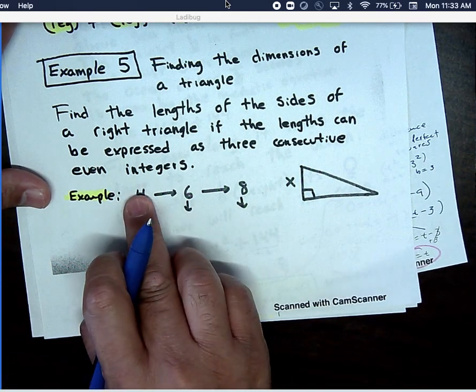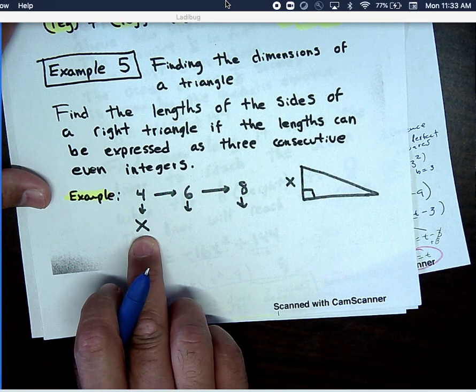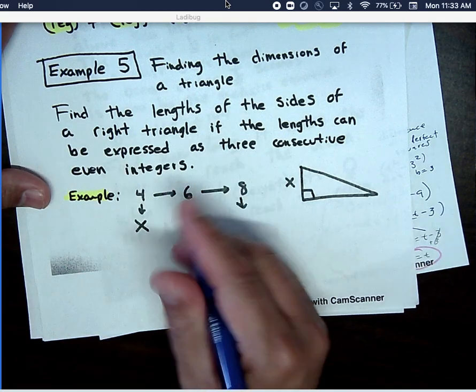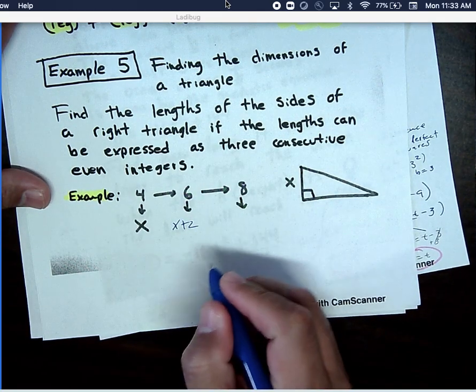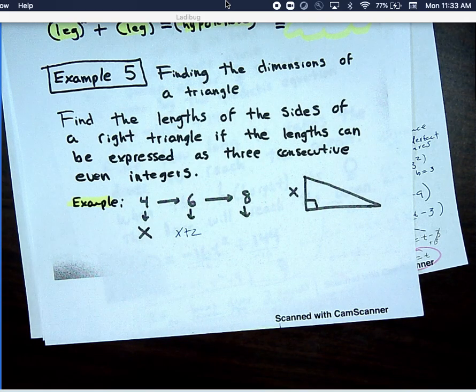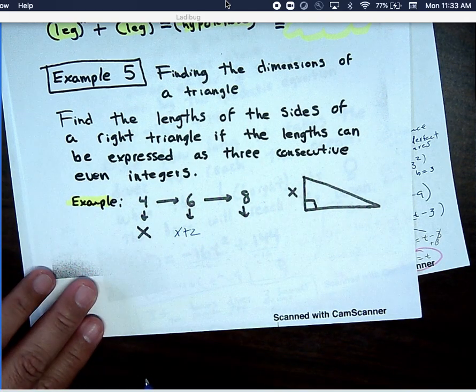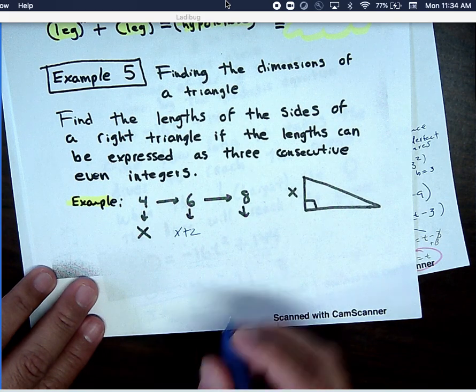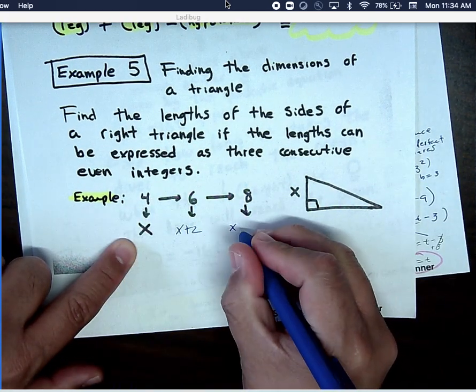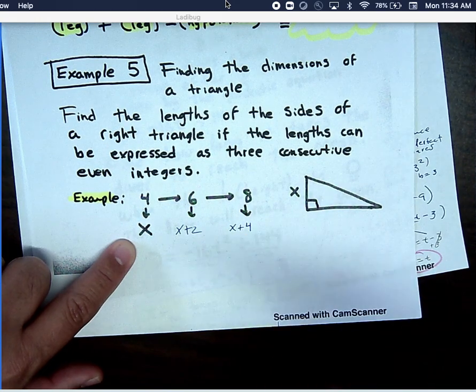So if you start with 4 and you name that x algebraically, the next consecutive even integer after x would be x plus 2, right? And then the following one would be the same x, right? To get from 4 to 8 would be x plus 4 now.